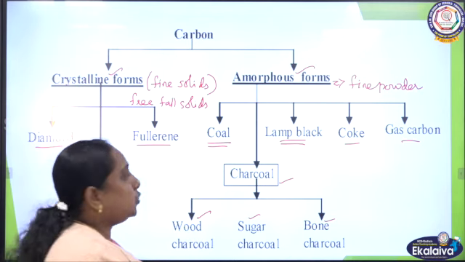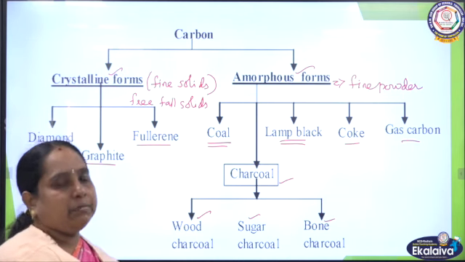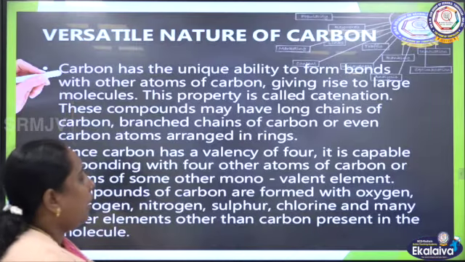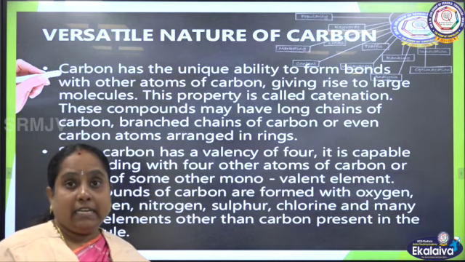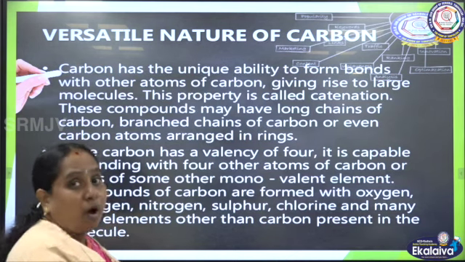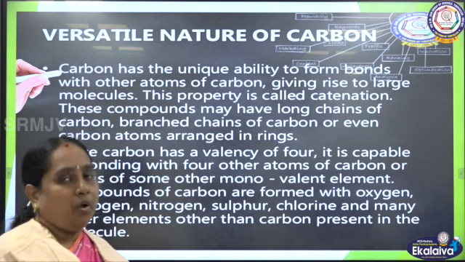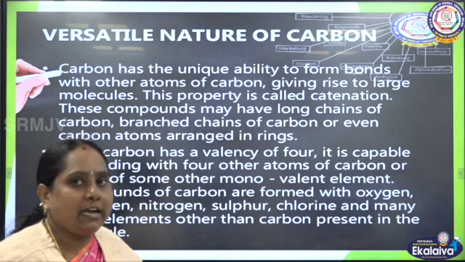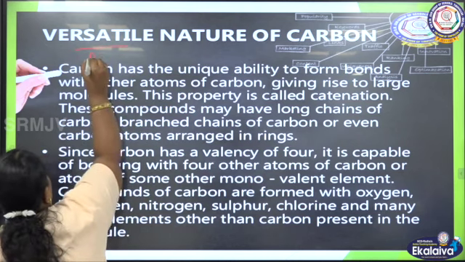So these are the two different forms of carbon, that is the crystalline form of carbon and the amorphous form of carbon. And the next one, a very important topic about carbon, and it is very interesting also to know, is the versatile nature. What does the term versatile mean? It is nothing but all-rounder.